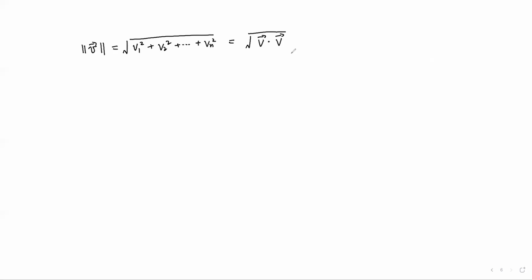Remember this formula. We often use this formula. Keep this formula in mind. Or you can take the square on both sides, the same formula actually. The length squared is vector v dot itself. These two formulas we often use.